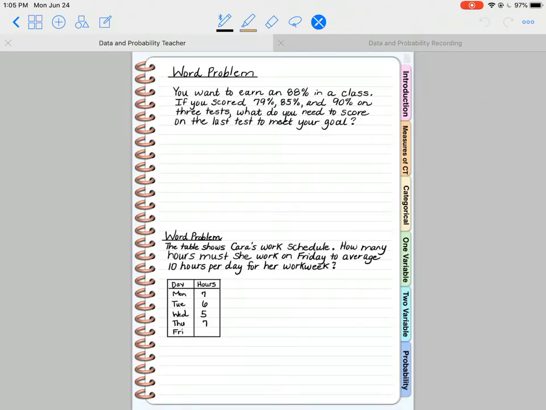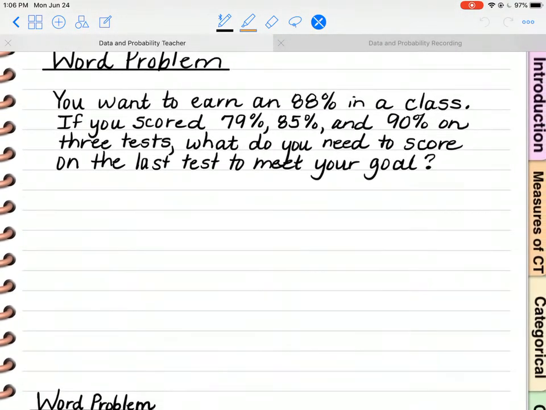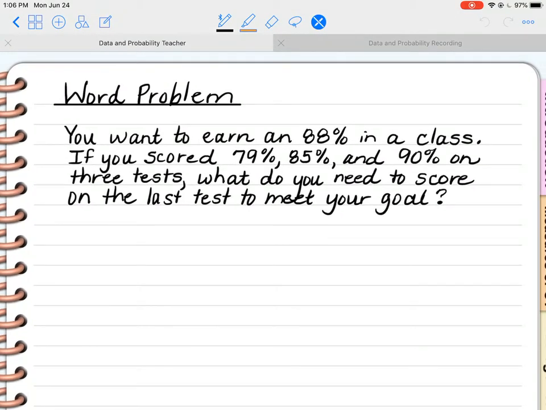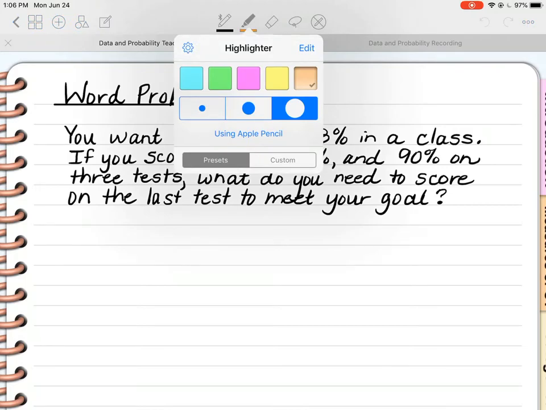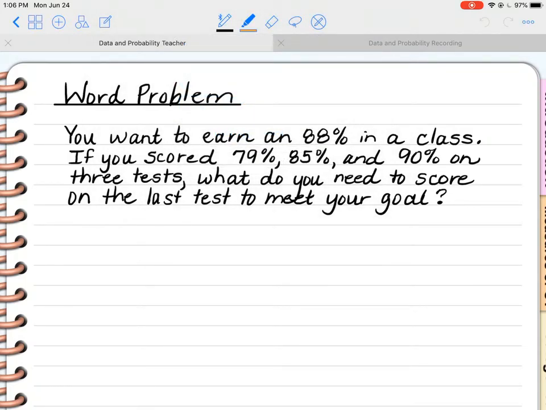So if you're ready, let's zoom in here to this problem and see what we're dealing with. And I'm going to use highlighters. I like to do that in word problems just to help me keep myself organized a little bit. So if you're using highlighters, you might want to grab one here and let's see what we have.